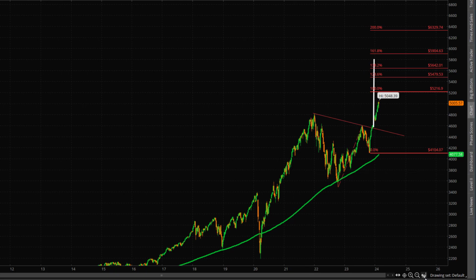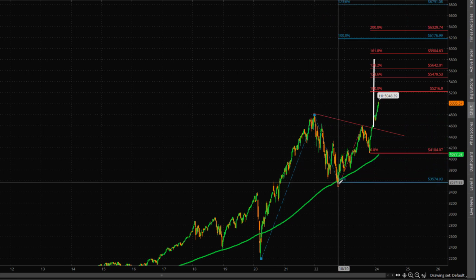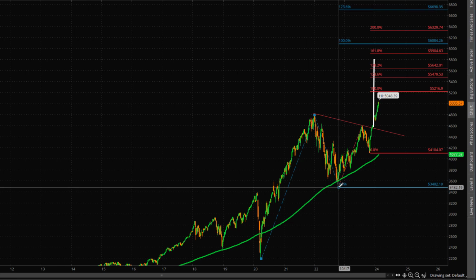What's also interesting is if we take the bigger fractal here. If we take the big move from 2020 to 2021 and drag that one down, you can see that we're nowhere even close to fulfilling the promise of this potential move.